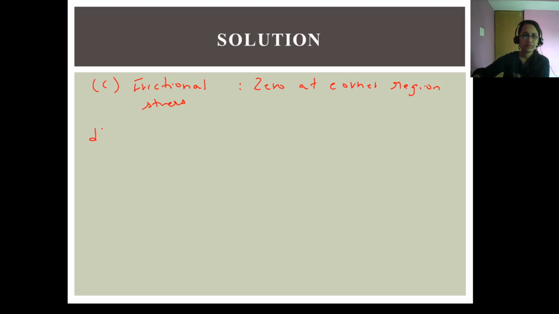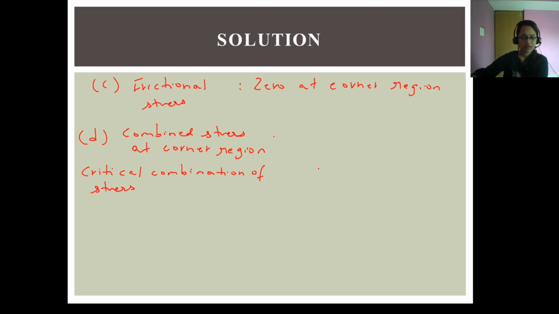So D will be the combined stress at the corner region. The critical combination of the stress in summer midday will be equal to load stress plus the warping stress. So load stress is 28 plus warping stress is 9.15.